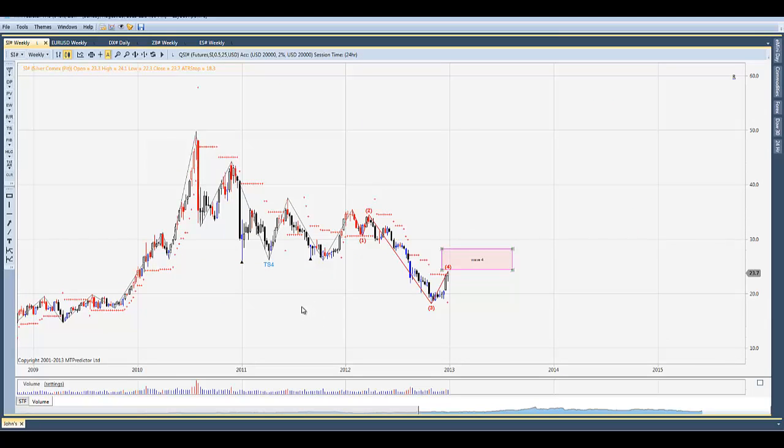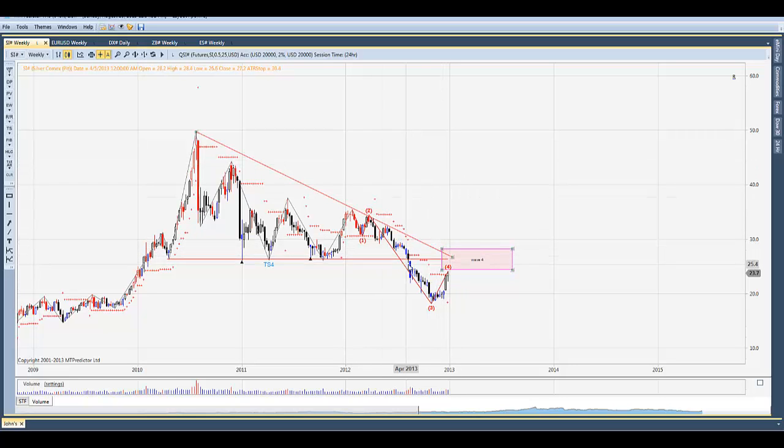Silver here is coming into this wave 4, and let's just draw some lines here. Again, this was kind of the bottom of our descending triangle, which you don't typically see at market tops, but it is a bearish formation.